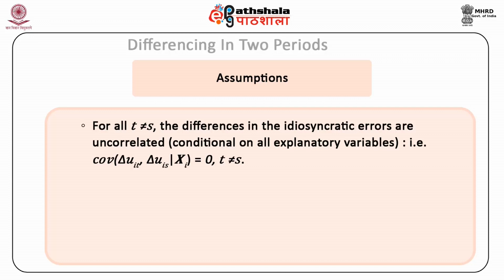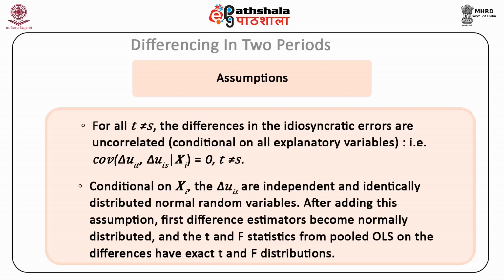Note, under assumptions 1 to 6, the first difference estimator of beta 1 is the best linear unbiased estimator, conditional on the explanatory variables. Our last assumption is that conditional on X_i, the delta u_it are independent and identically distributed normal random variables.